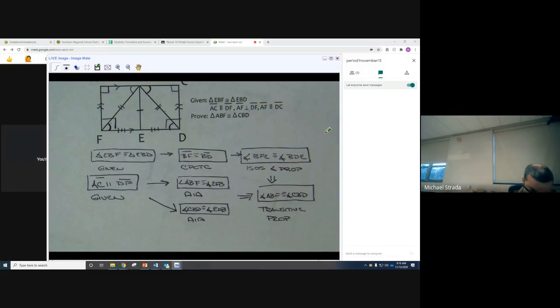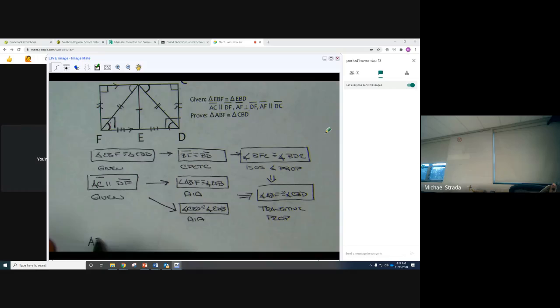Okay. And then for the last component, we used AF as perpendicular to DF, and AF was parallel to DC.